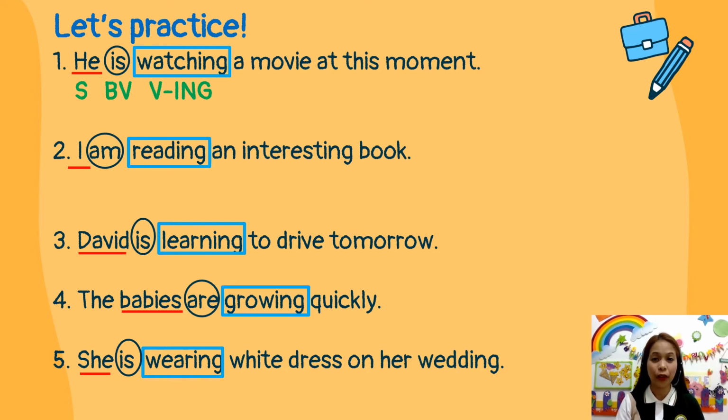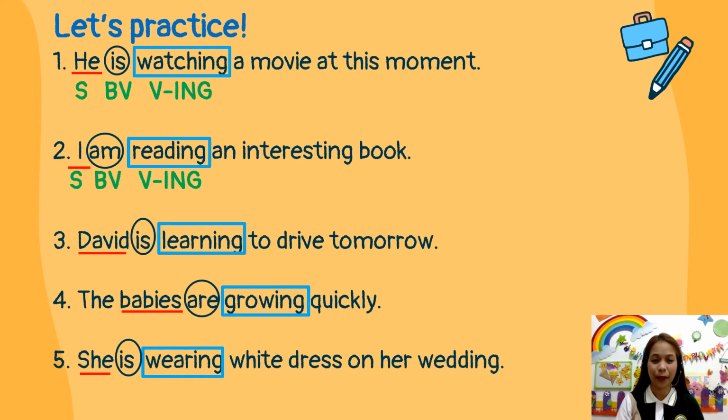Okay? Number 2, I am reading an interesting book. Your subject is I, and am is your be verb, and reading will be your verb ing. We use the form subject, be verb, and verb ing.